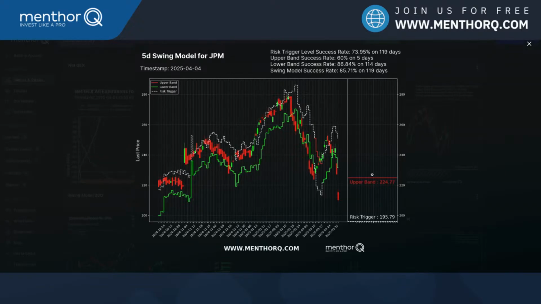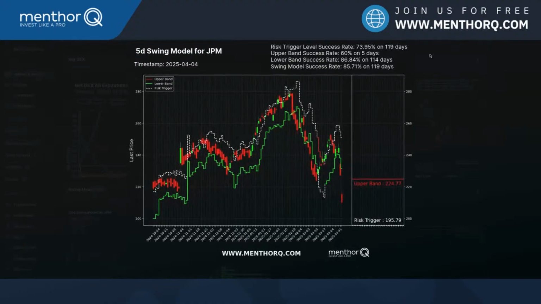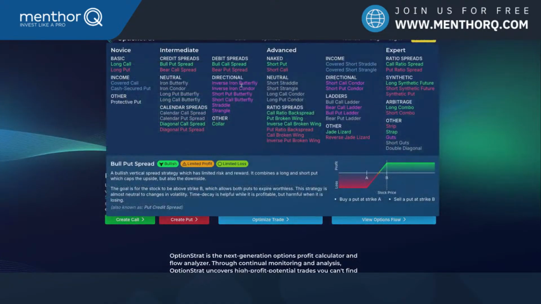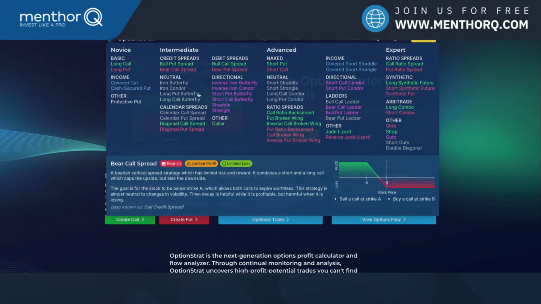So how will we trade this? If we want to revisit this, and we're confident because the model has been right so many times, we would trade with credit spreads, and we would try to set out break-even points here. But let's say earnings were tomorrow. Let's build ourselves our bear call spread.